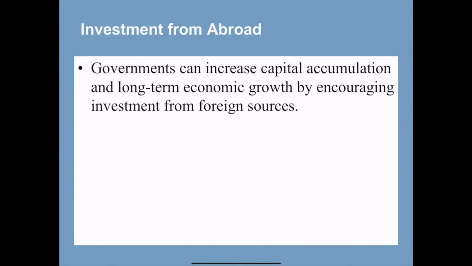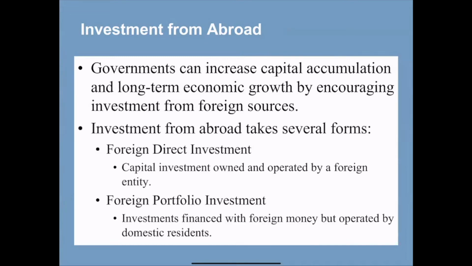So the second is investment from abroad. As I said, the government can increase capital accumulation not only by providing incentive for domestic investors or the businessmen in the country, right? They can also do this through investment from foreign sources. And there are 2 types.